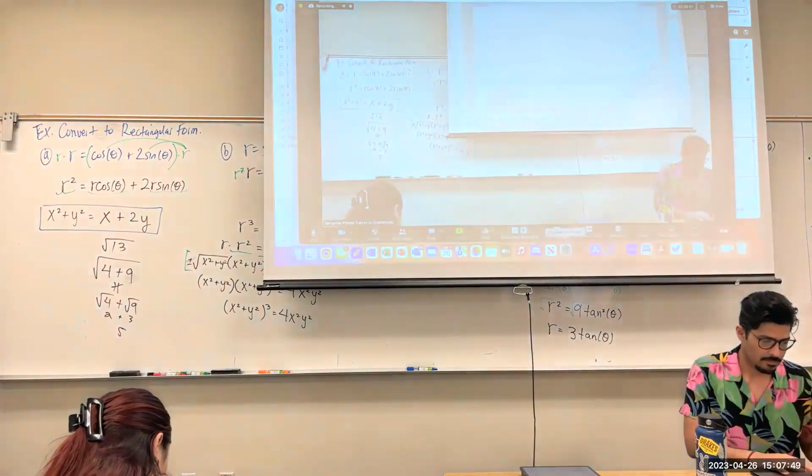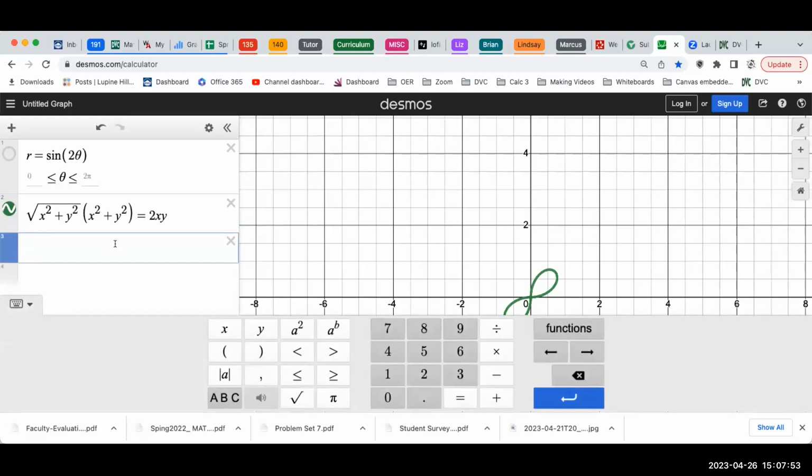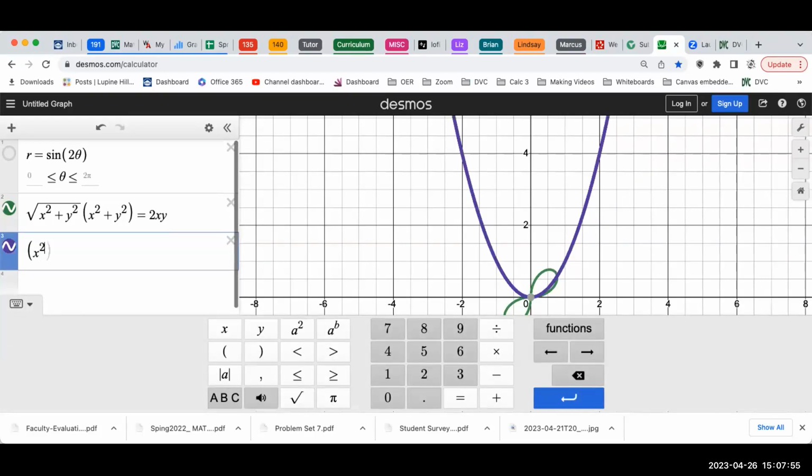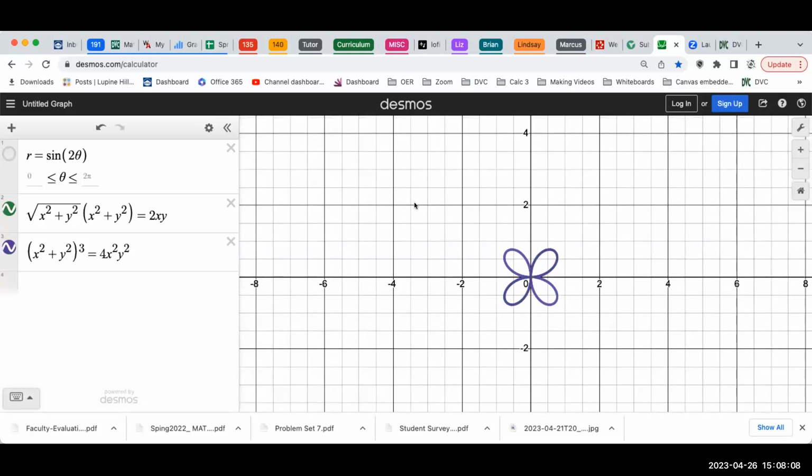So it was x squared plus y squared to the 3rd power equals 4x squared y squared. Bam! That'll work. Okay?